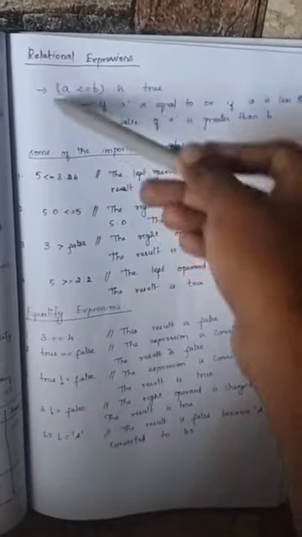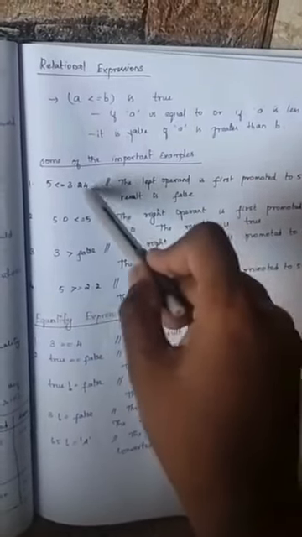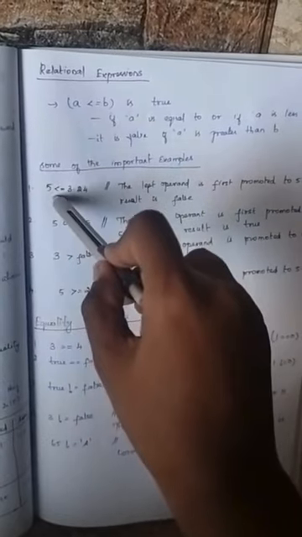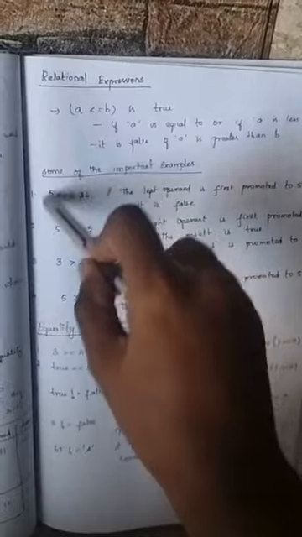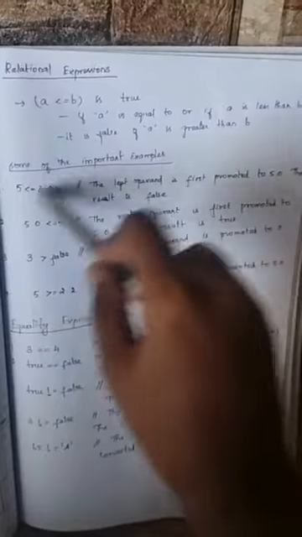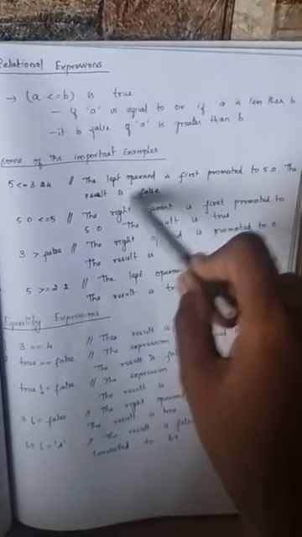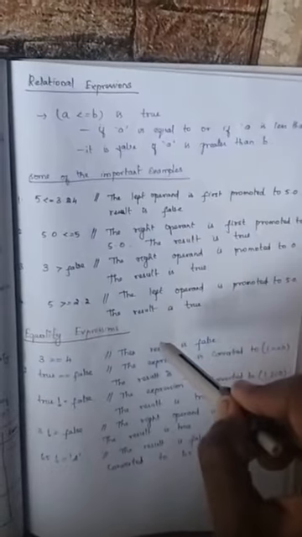There are some important examples that we need to follow for the relational expressions. What are they? 5 less than or equal to 3.24. The left operand is 5, which is not a float, but it is first promoted to 5.0, and the result is false.